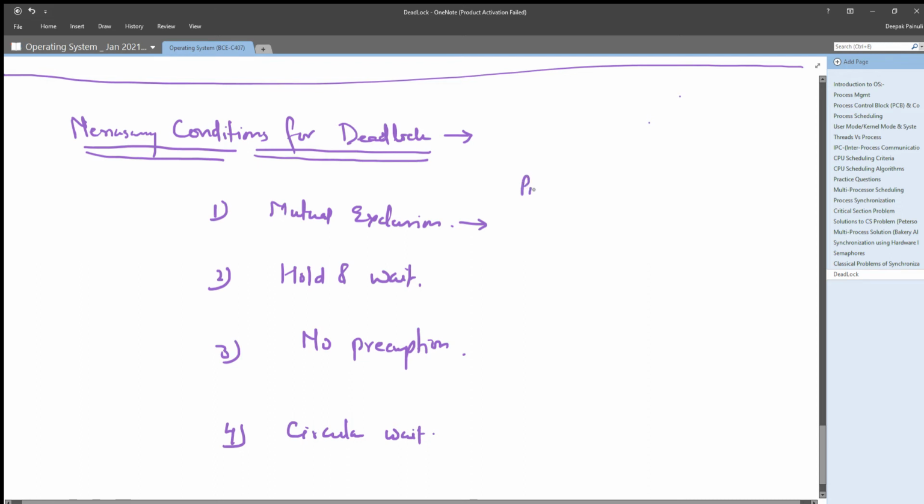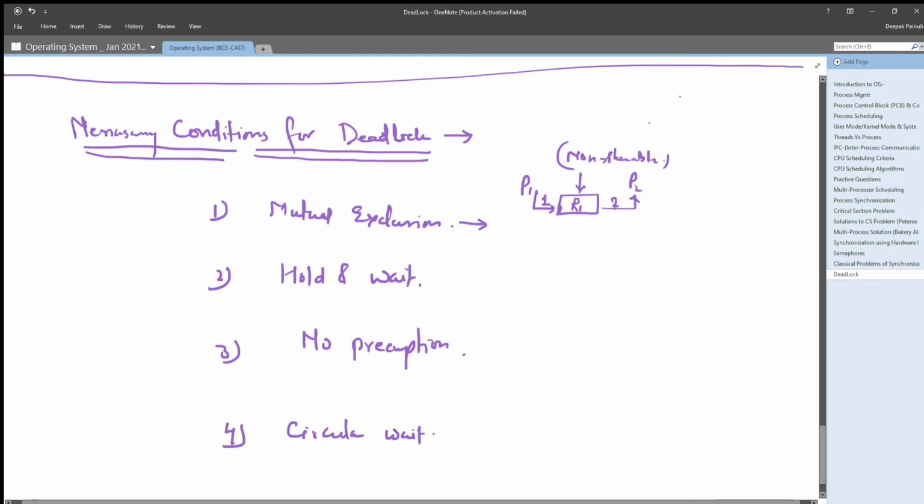That means if we have P1 and P2 and a shared resource R1 and we have mutual exclusion in the system, it simply means, let us say P1 will use R1 first and then P2 will use it. It directly means that this resource R1 is non-shareable, because you cannot share it at the same time.